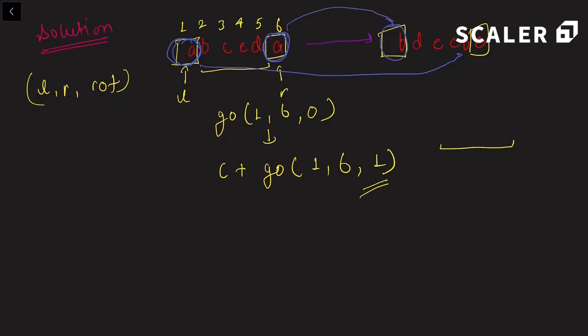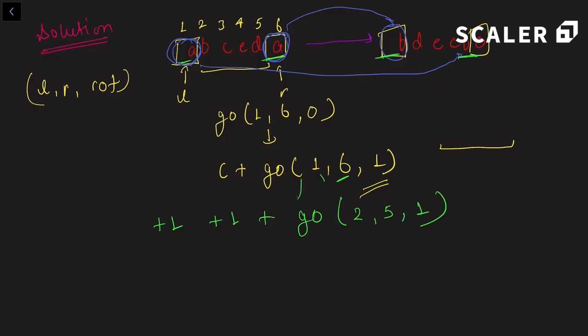So from this place, our transition will be, if our first character is not equal to the last character, we'll add 1, and similarly if the last character of string A is not equal to the first character of string B, I'll again add plus 1, and then I'll transition to 2, 5 comma 1.